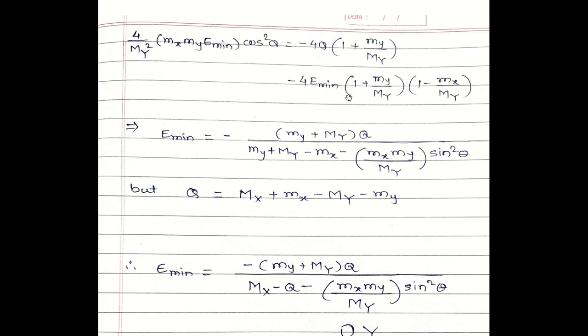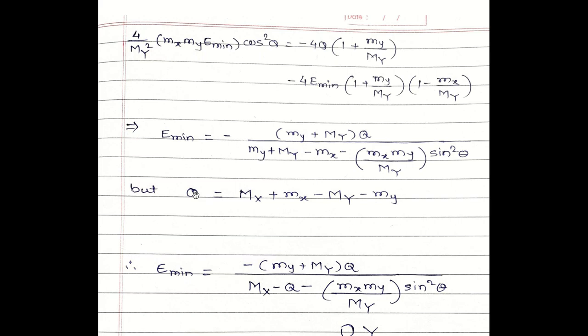So rearranging this equation, what we obtain is the expression for E minimum, the minimum energy of the projectile at which that particular nuclear reaction could take place. Now, in this expression, in the denominator, there is small m y plus capital M y minus small m x. For this, I can use the expression for the Q value of that nuclear reaction.